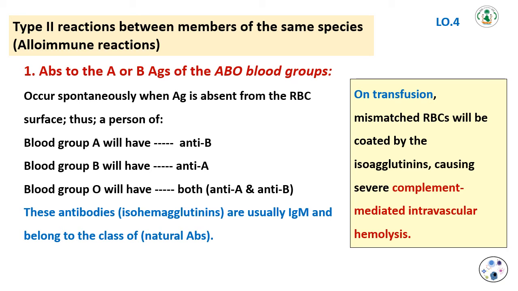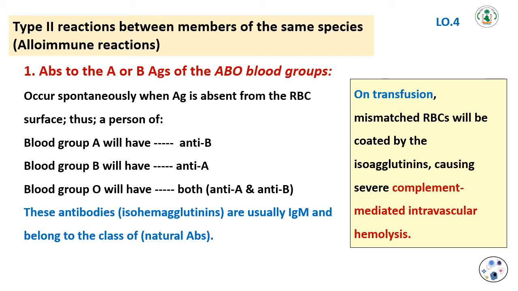These antibodies, called isohemagglutinins, are usually IgM and belong to the class of natural antibodies.